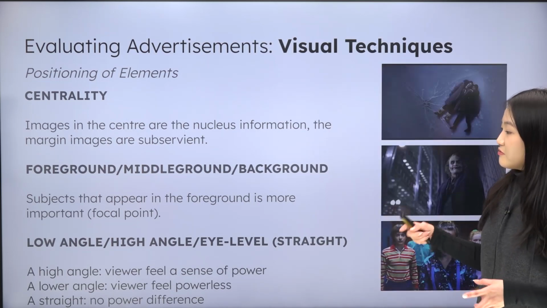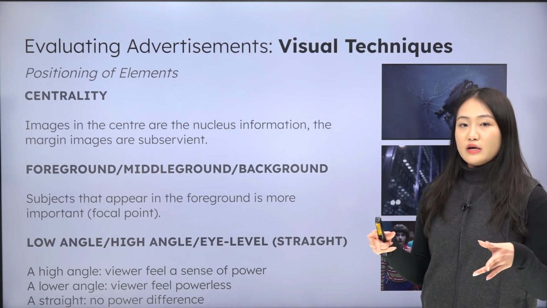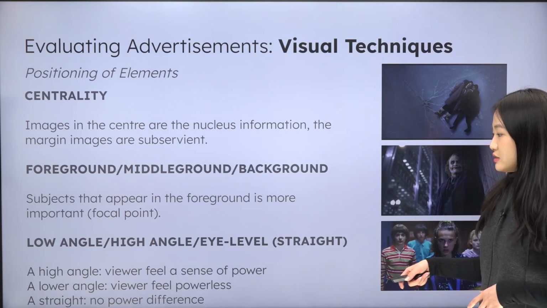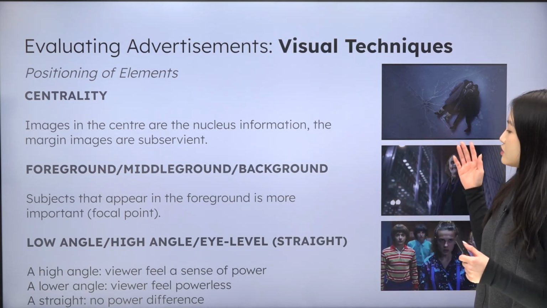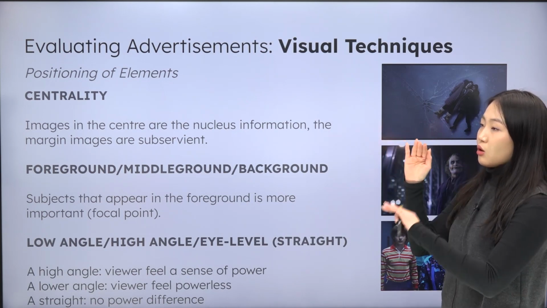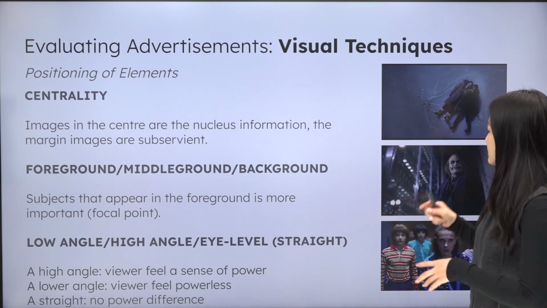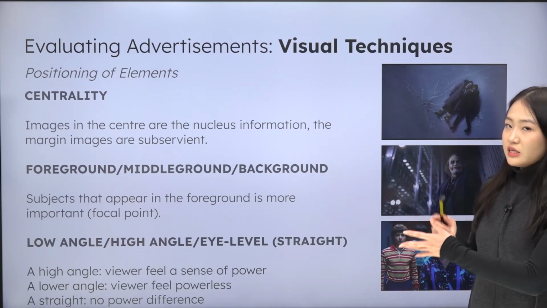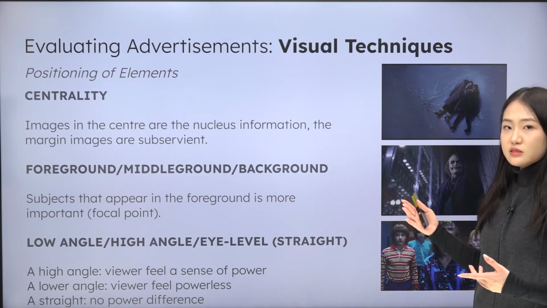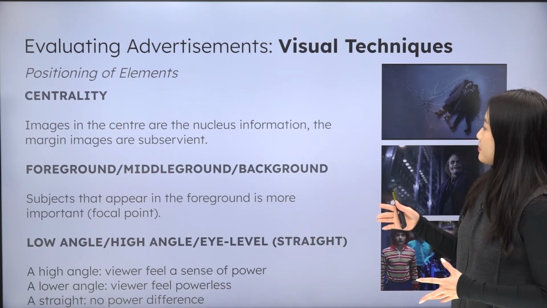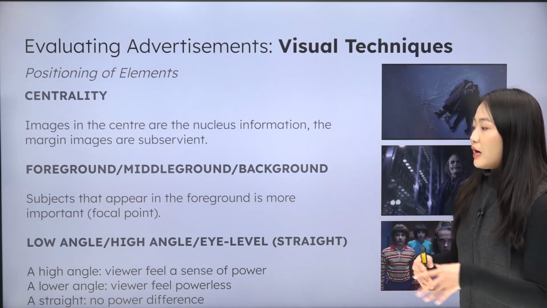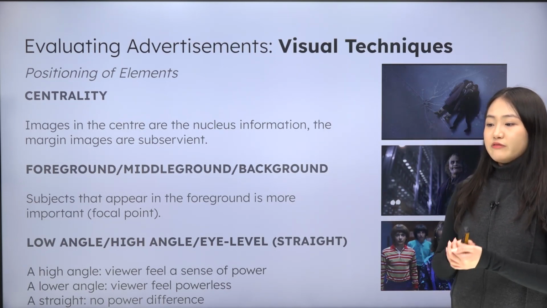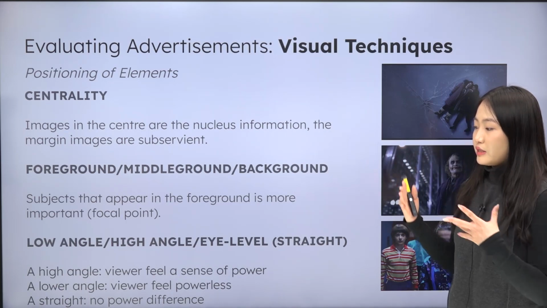In terms of images, the angle that the image is shot in is usually very important. Low angle, as you can see, is when viewers are located below the subject of the picture. This Joker is a low angle shot. It usually evokes feelings of powerlessness or fear as we are placed beneath them, while with a high angle like this one, a viewer feels a sense of power, or it feels divine-like when we are looking down.